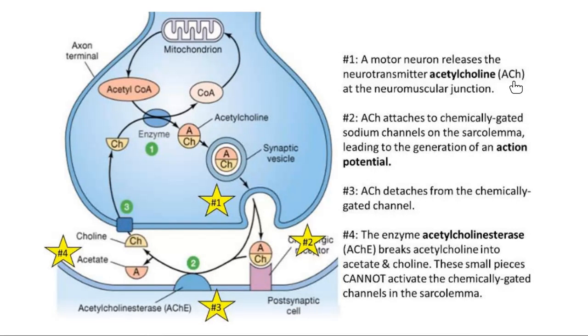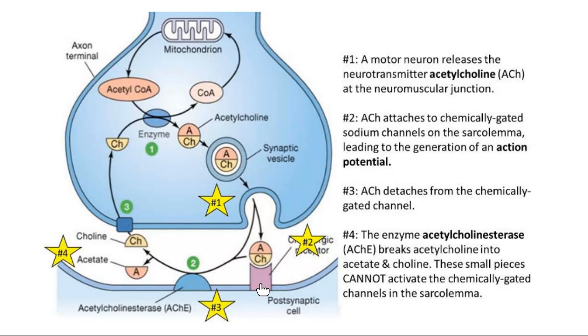Remember that acetylcholine is the chemical a neuron spits out, and it attaches to the chemically gated channels on the membrane of a muscle cell. Once that chemical opens up those channels, we start an action potential and the muscle cell will contract.